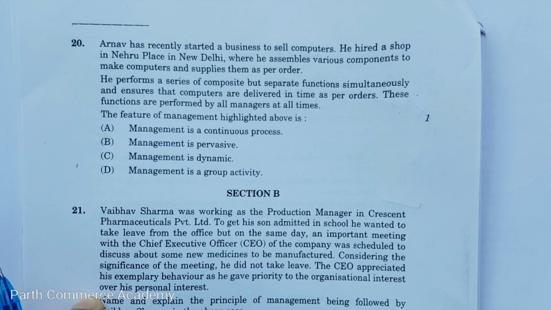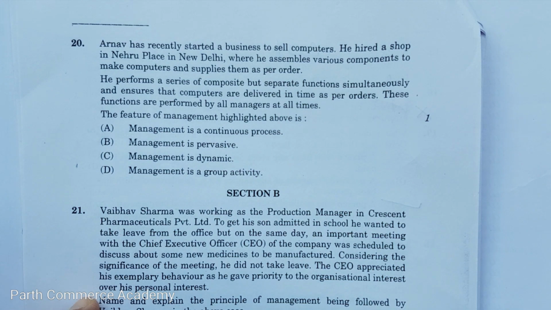He performs a series of composite but separate functions simultaneously and ensures that computers are delivered in time as per order. These functions are performed by all managers at all times. The feature of management highlighted in the above case: management is continuous process, pervasive, dynamic, or group activity.